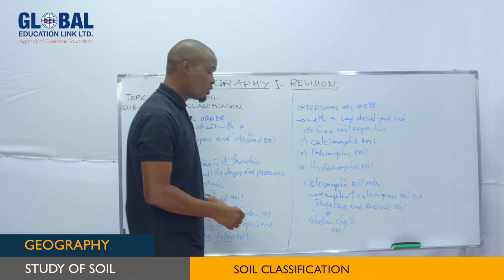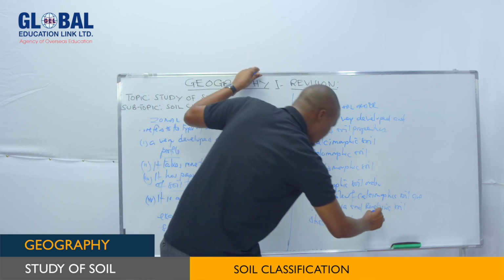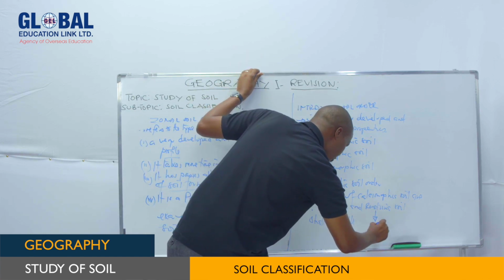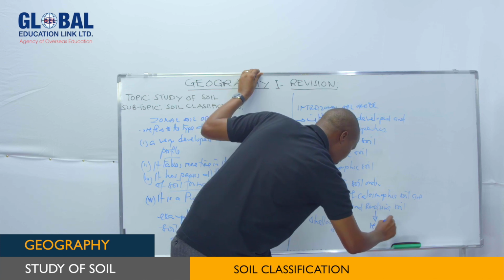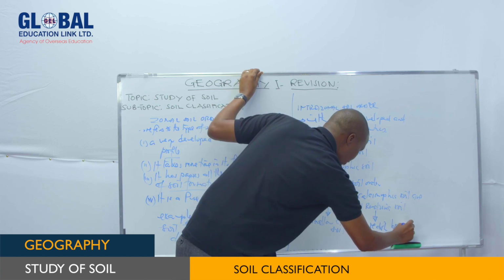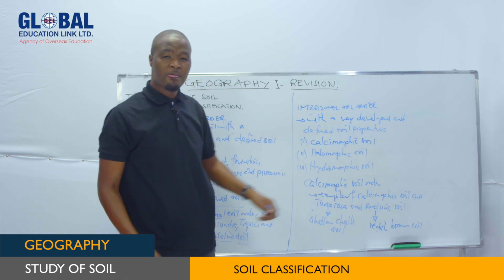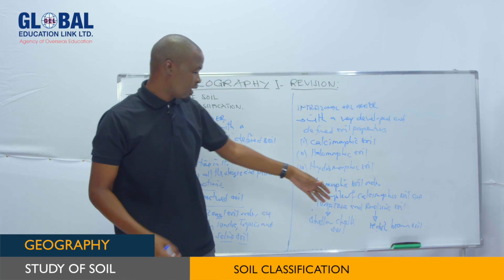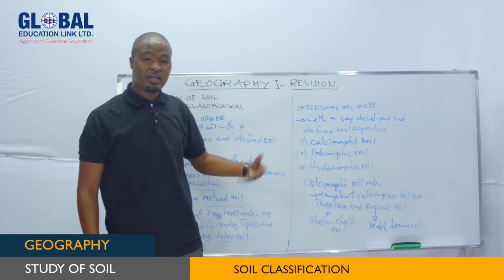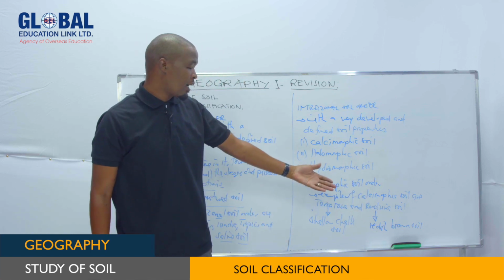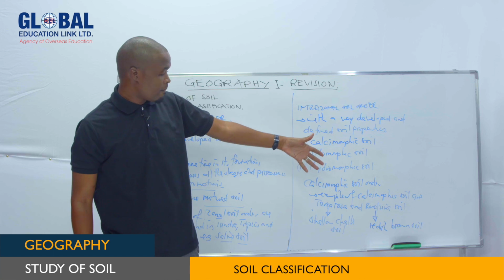Then we have the rendzina soil. This one is a reddish brownish soil. It means right now the calcium carbonate has undergone the oxidation process, and it turned into iron carbonate.